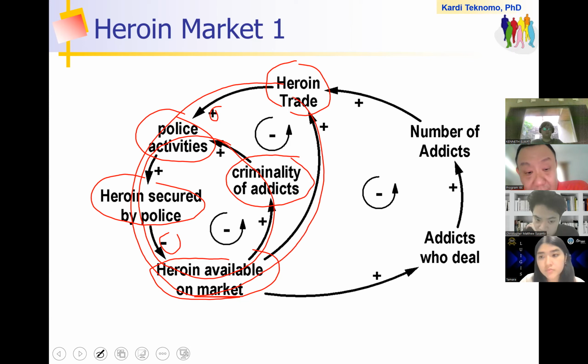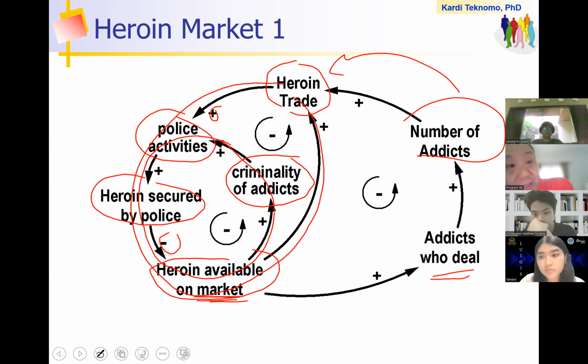And then the more heroin in the market, the more addicts who deal with that heroin, and the more addicts, of course, the heroin trade market also increases. So up to here it seems okay, right? So what's wrong with this system?